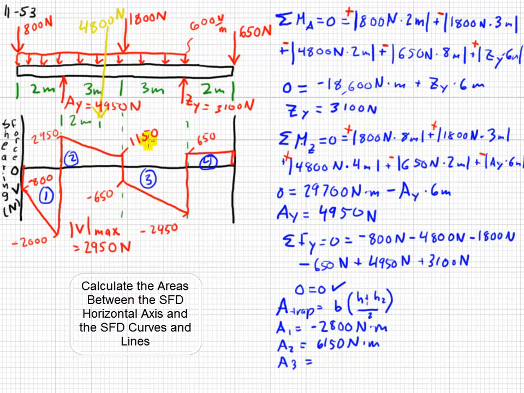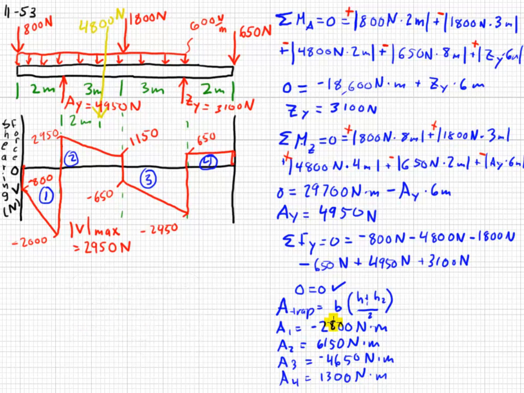Divide by 2 is 1,550. Multiply by 3, and we have negative 4,650 Newton meters. Finally, 4 is a simple rectangle, 650 newtons tall by 2 meters wide. And that's a positive 1,300 Newton meters. We do a quick check to make sure that these add up to 0, and they do.